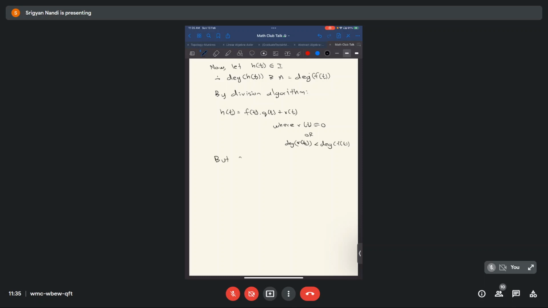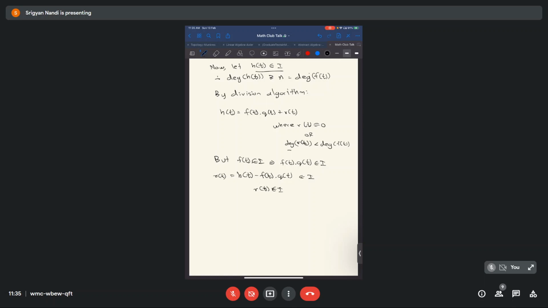But f(t) belongs to I implies that f(t) q(t) belongs to I, since I is an ideal. And also from our assumption that h(t) belongs to I, we have that h(t) minus f(t) q(t) will also belong to I, since I is closed under subtraction. But this is equal to r(t), which implies r(t) belongs to I. But we have two cases for r(t).